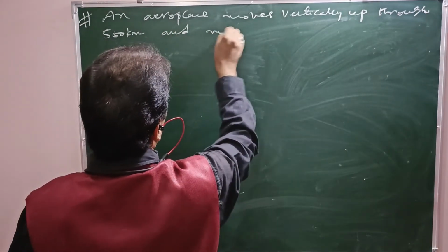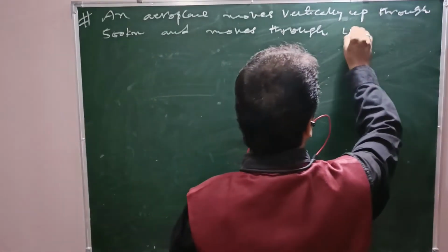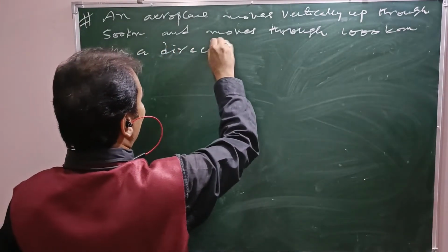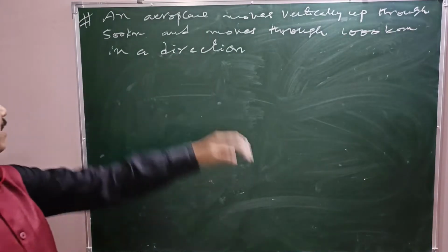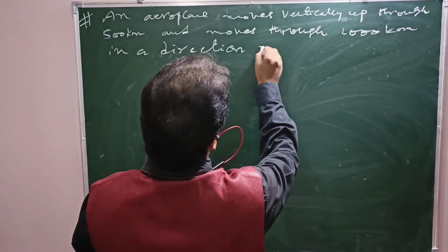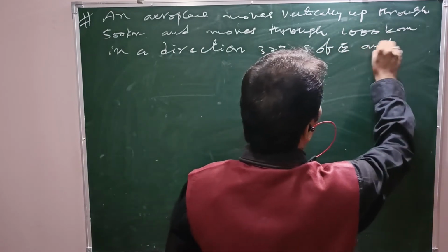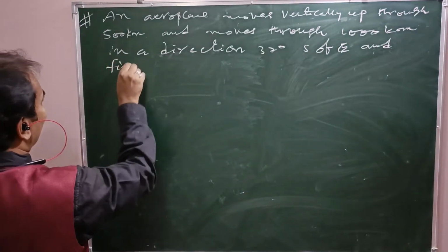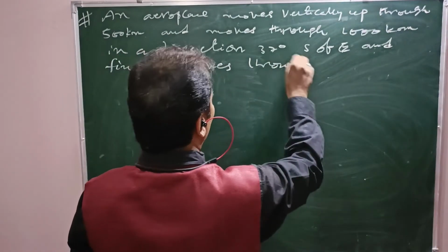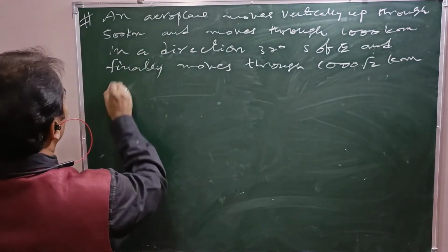and moves through 1000 kilometers in a direction 37 degrees south of east, and finally moves through 1000 √2 kilometers northeast.